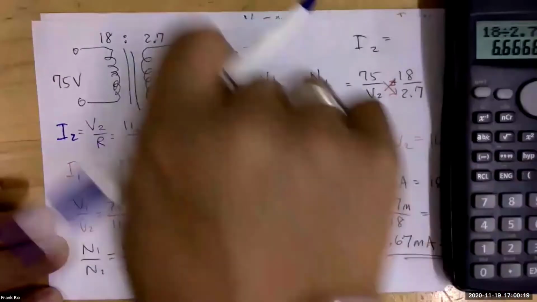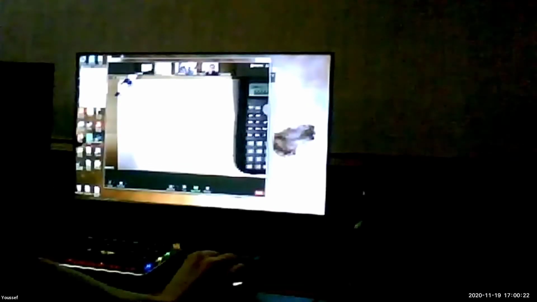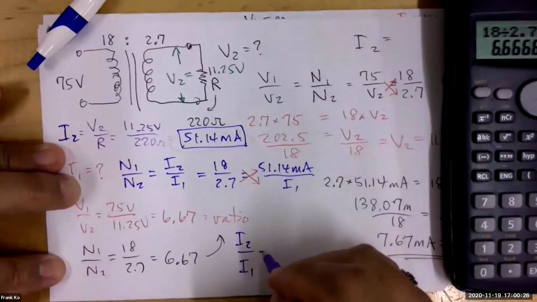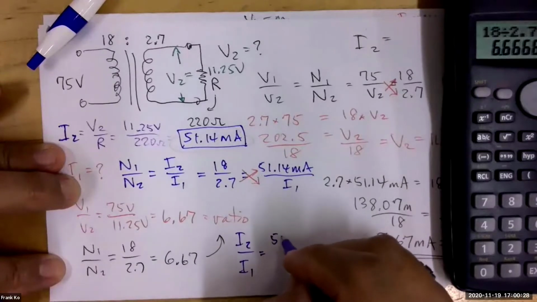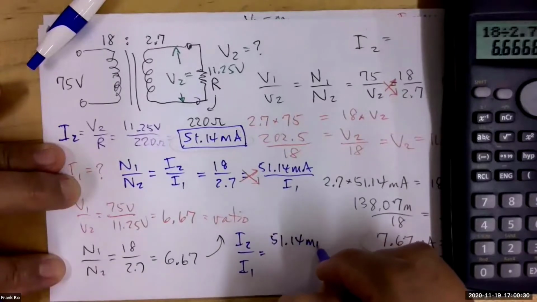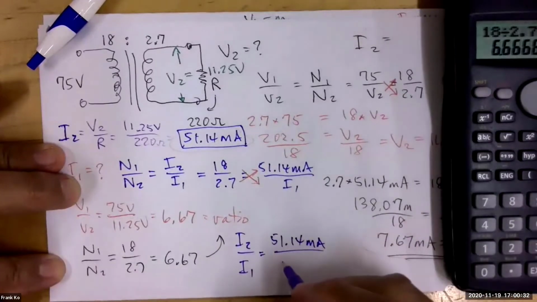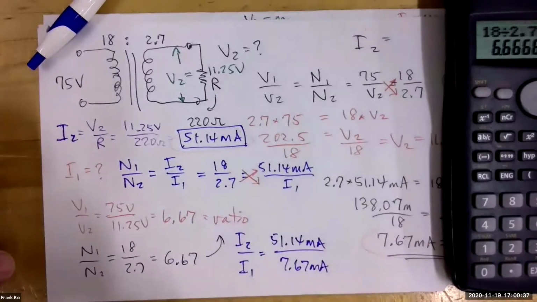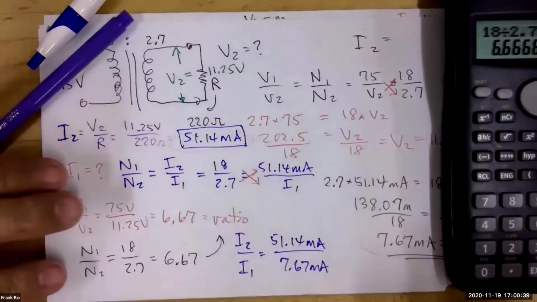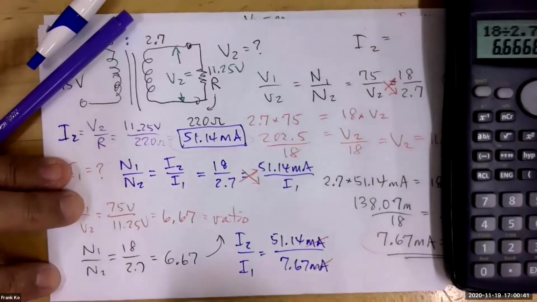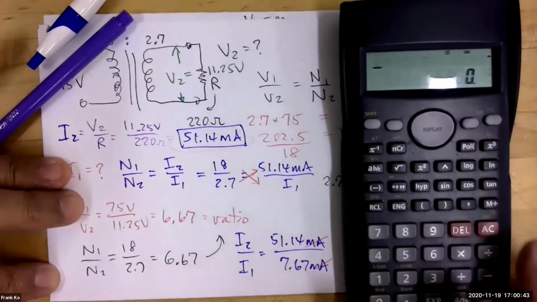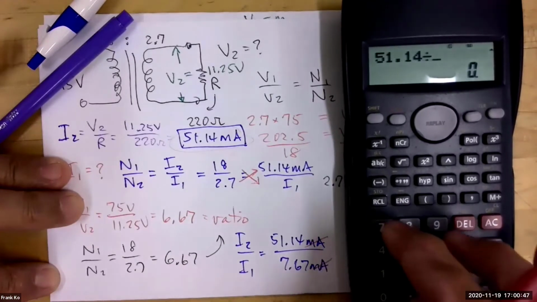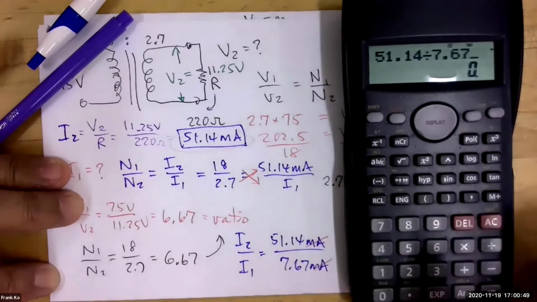Okay, well, let's do one more check. The last check in our third ratio was I2 over I1, and I2 calculated to be 51.14 milliamps, and I1 was 7.67 milliamps. We'll skip the millis because they're both millis in the numerator and denominator, so you don't even have to key those in. Let's just go ahead and punch in the whole numbers. 51.14 divided by 7.67.